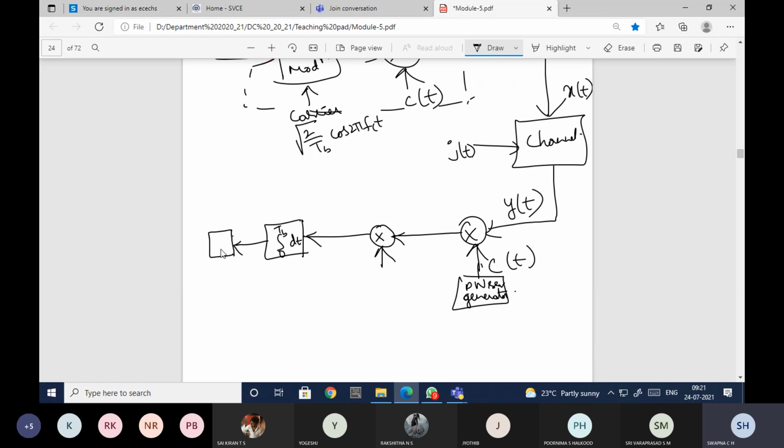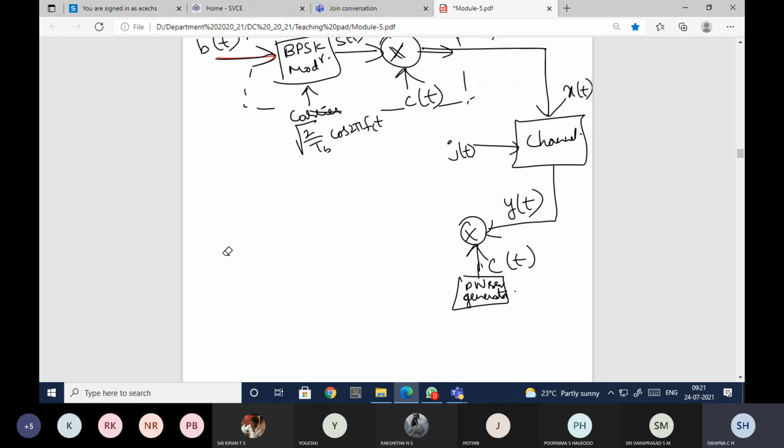That output should be given to the low pass filter. This integrator itself will act as a low pass filter. Then we have to give it to the sampler. Let me draw it a little small because I have a little more big diagram.